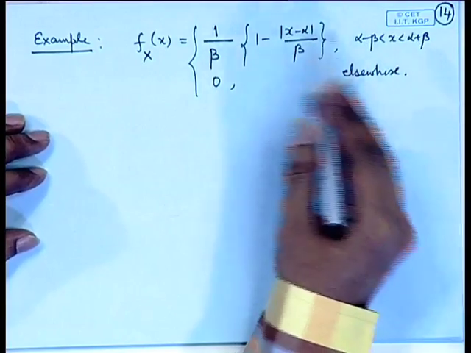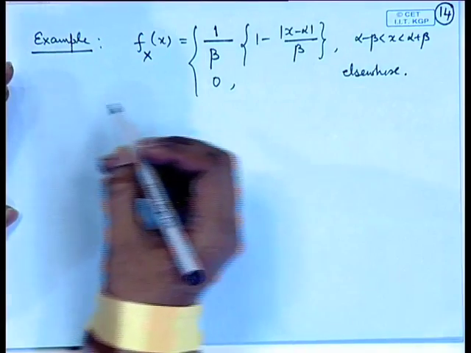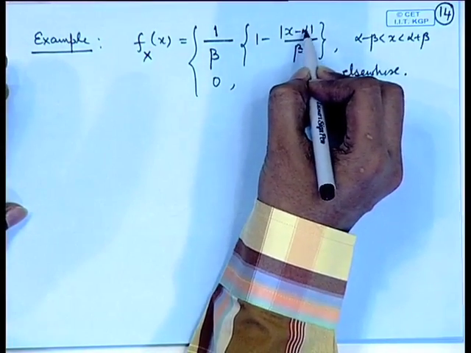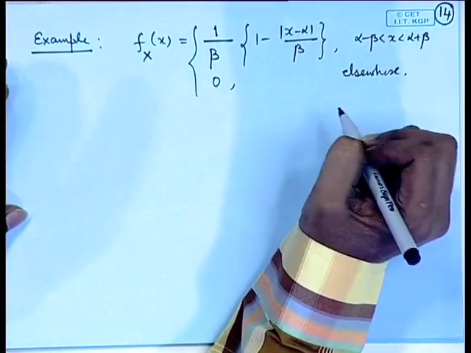We will analyze various properties of this distribution. What are the values of alpha and beta for which this is a valid probability distribution?